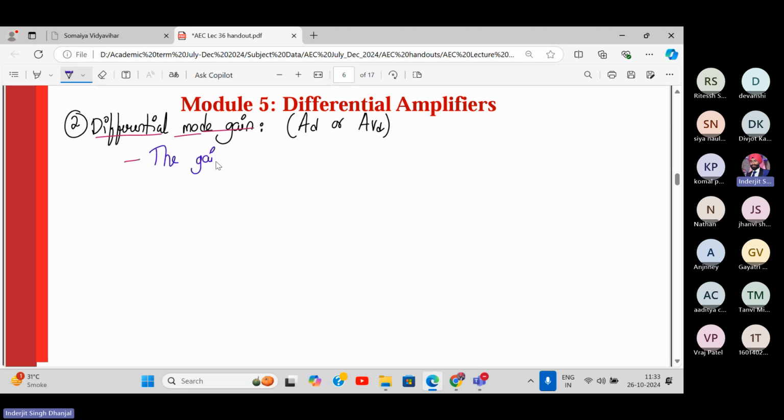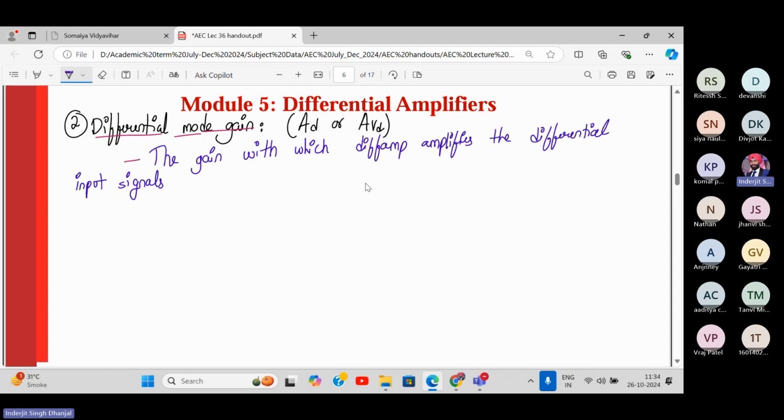The gain with which a differential amplifier amplifies the differential input signal, that is VID or VD, is known as differential mode gain.